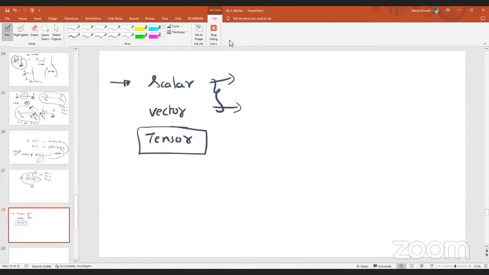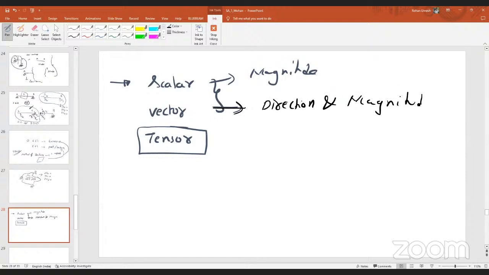Only magnitude. We are having only magnitude, right? What is the best example for it? X, Y, Z. What about the vector? Magnitude and direction. We are having the direction. And what is the best example for the vector? As of now, whatever we have discussed.